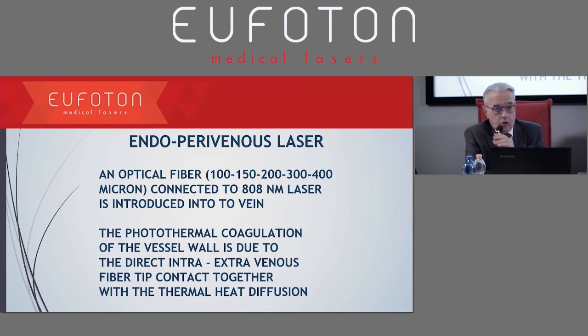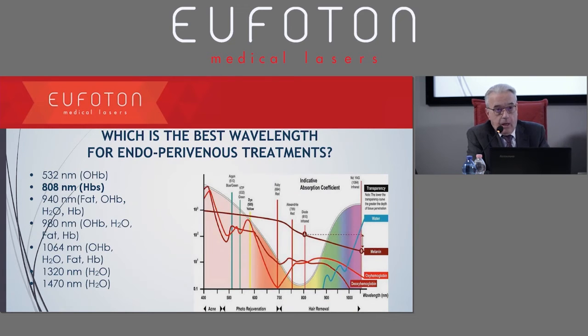In this case, we obtain a photothermal coagulation due to the direct contact with the wall and also for the hemoglobin of the blood. We've seen before several wavelengths that we used to try and understand which was the best wavelength on this point of the lower limb.